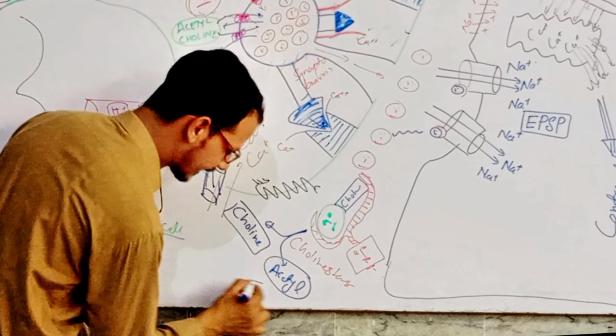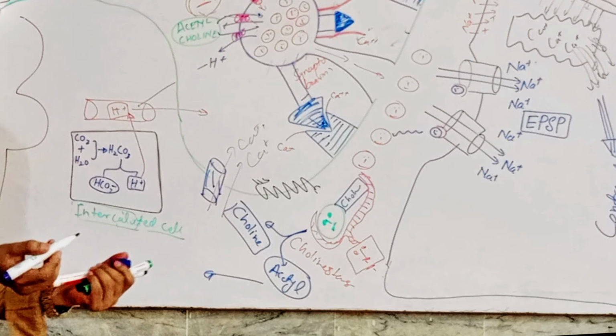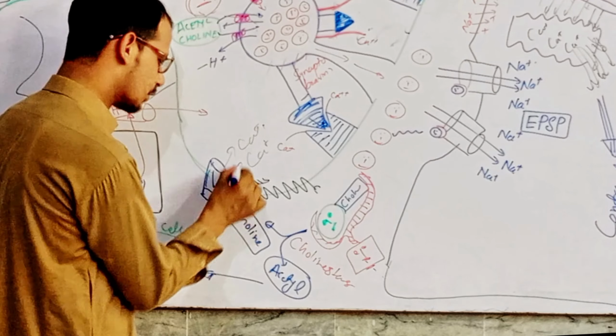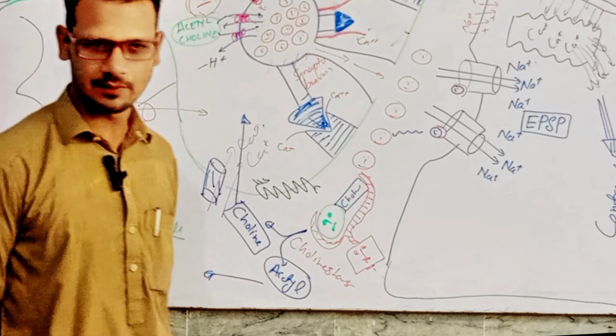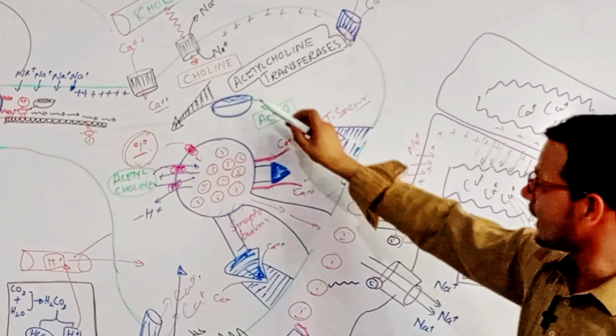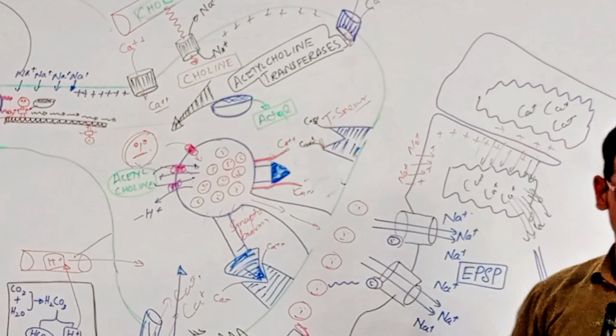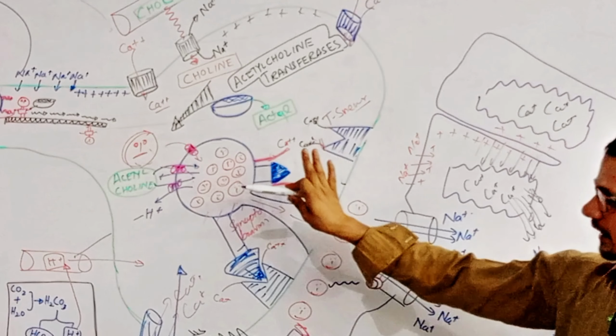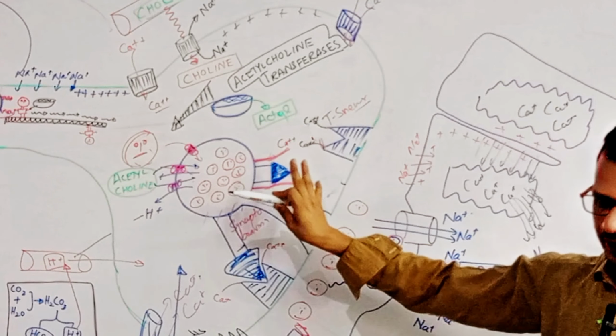This acetyl again goes to the cell and works, and this choline is transported to the axon terminal again and will be recycled by acetyltransferase into acetylcholine, right?